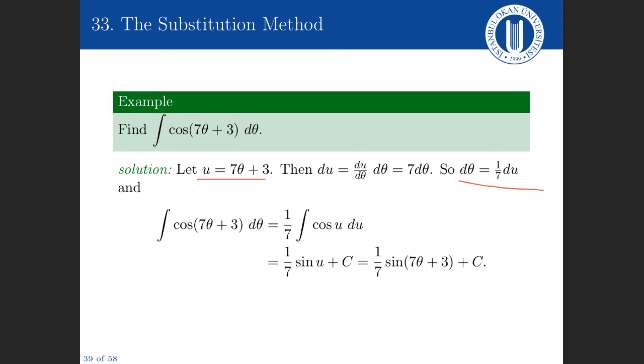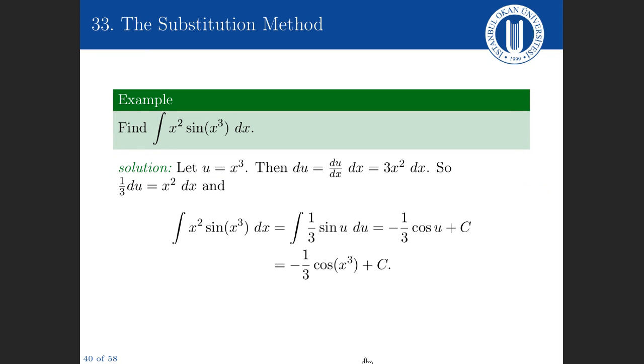So I'm dividing by 7 to find that d theta is 1 divided by 7 du. Then I'm ready to do the substitution. Our hard integral is equal to 1 over 7 integral of cos u du, which we know how to do. Let me move on to the next one.